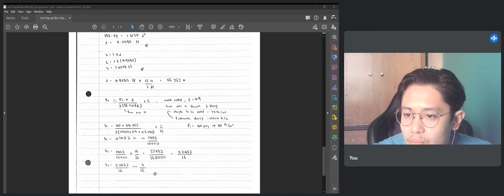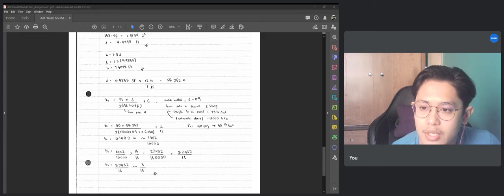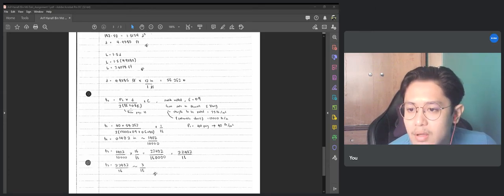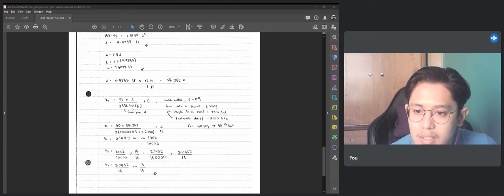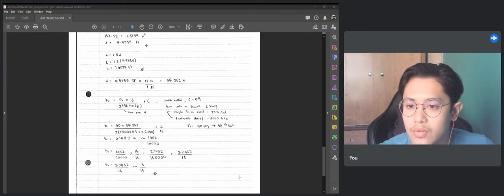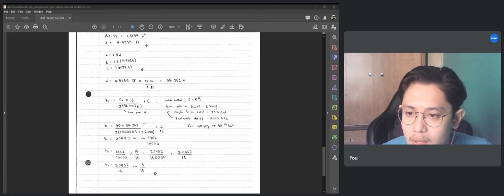The formula for calculating the thickness of cylinder is equal to the pressure inside the cylinder times the diameter, divided by 2 times bracket F times E. F is the allowable stress, E is the efficiency. For the double welded, the efficiency is equal to 0.9.